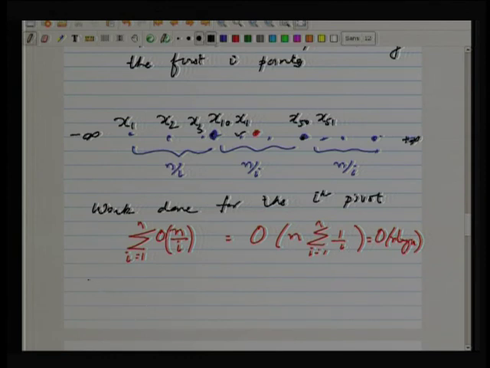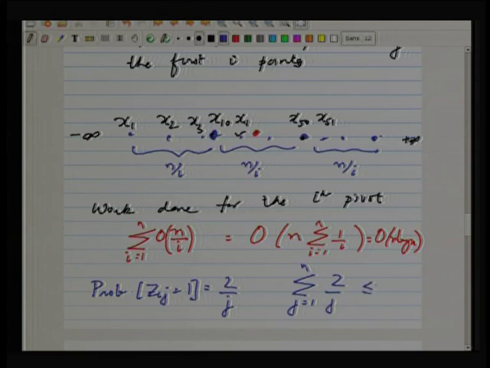So, the probability z I j equal to 1 is less than or equal to, let us say, equal to 2 over I, okay, and therefore, summation over all I, jth step. So, that is basically bounded by the harmonic, which is 2 log n.